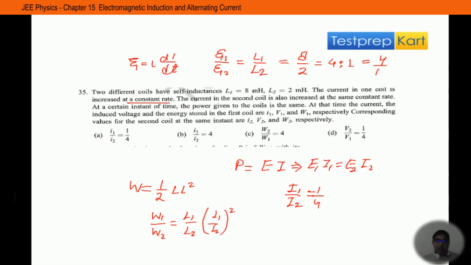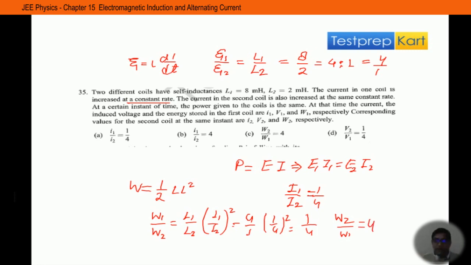And L1 over L2 is 4 over 1, and I1 over I2 is 1 over 4 whole square. So again we get W1 over W2 is equal to 1 over 4, or you can say W2 over W1 is equal to 4.